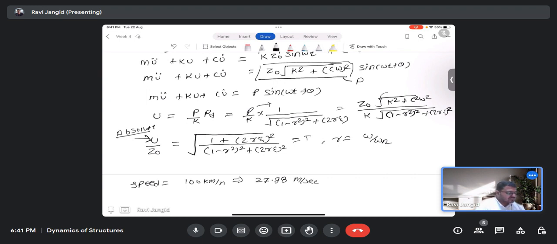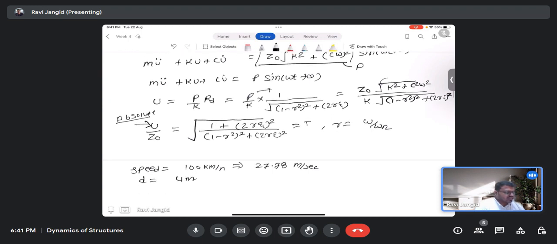The spatial distance d is given to you as 4 meter. So what is the time duration? Td is d by v, so that is 4 divided by 27.78, which comes out to be 0.144 second.